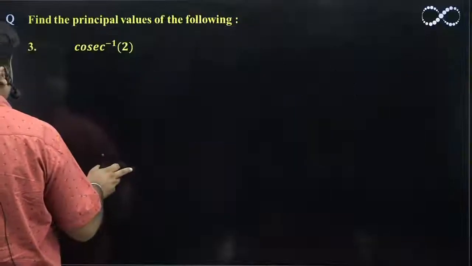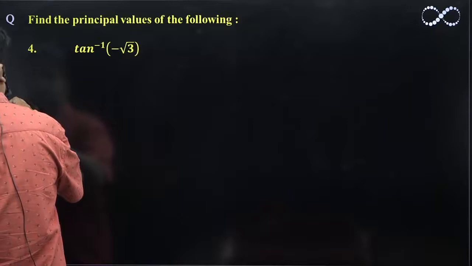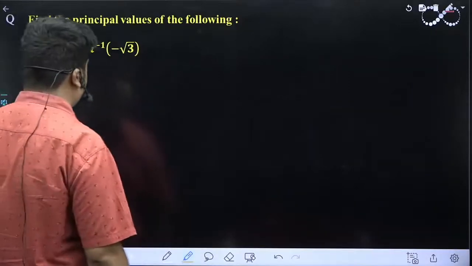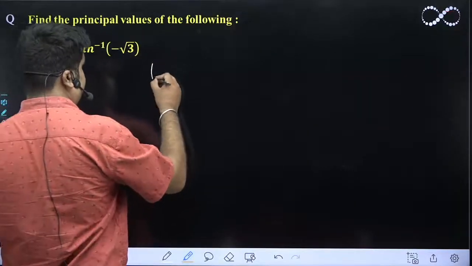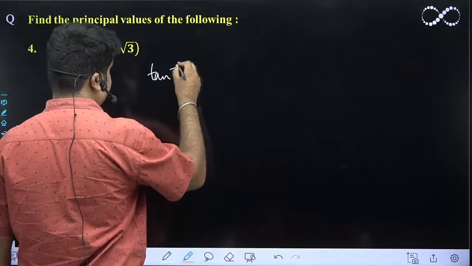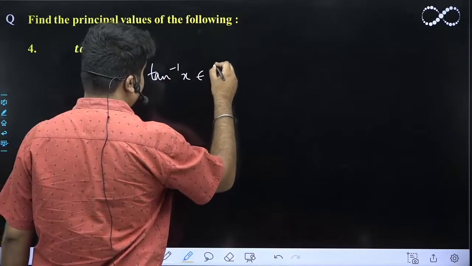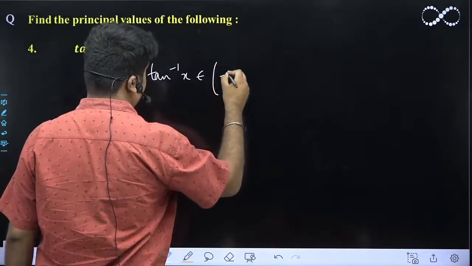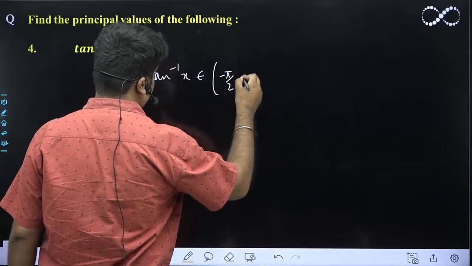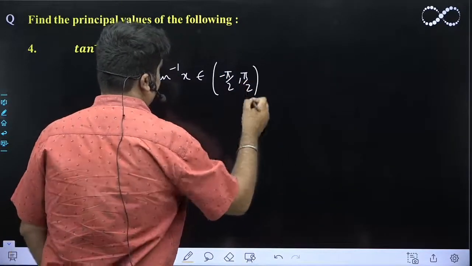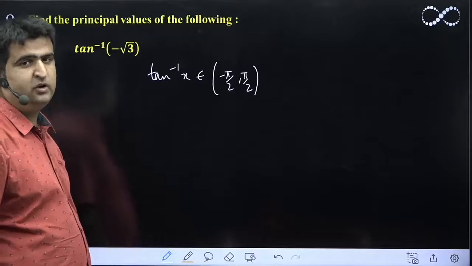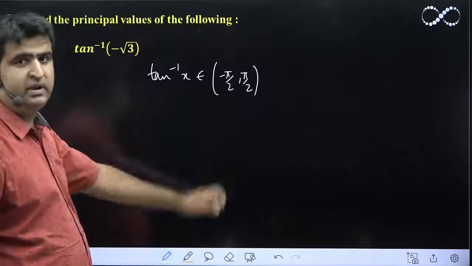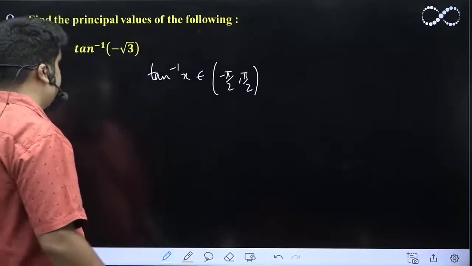The next question is tan inverse minus root 3. So tan inverse x lies between minus pi by 2 to pi by 2, and not including minus pi by 2 and pi by 2, because at these two it becomes not defined, right?